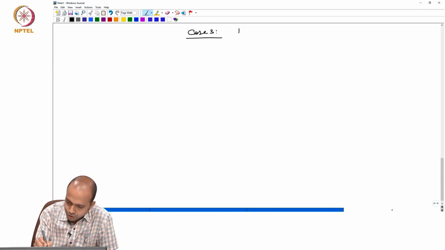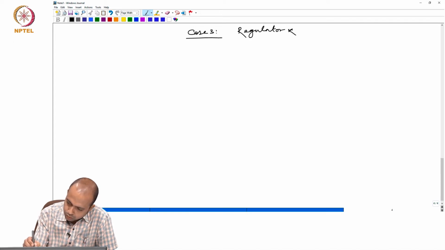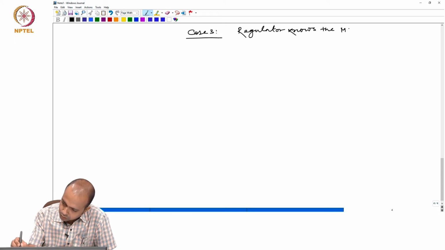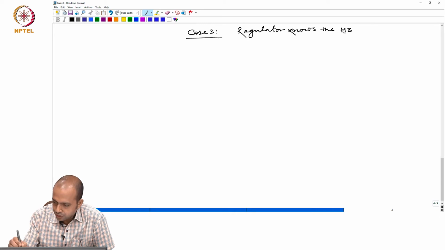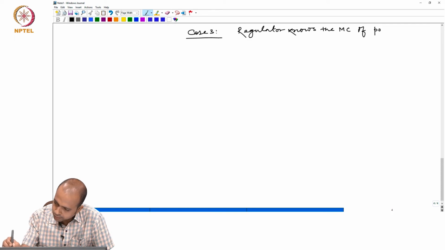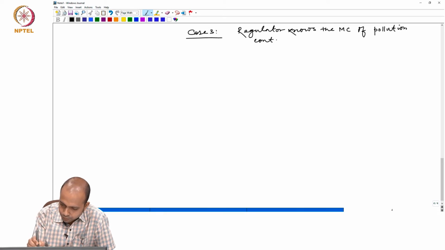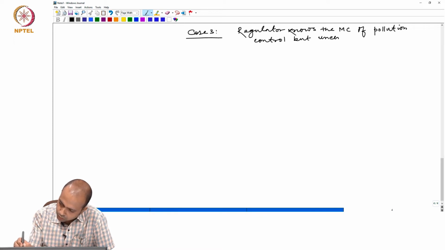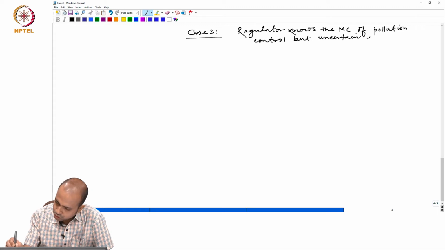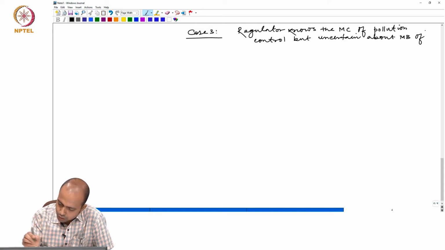Case 3, regulator knows the, sorry, not MB, this time this is MC of pollution control, but uncertain about MB of pollution control.